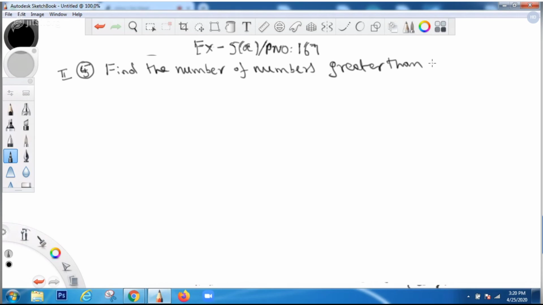Greater than 4,000 that can be found using 0, 2, 4, 6, 8 without repetition.